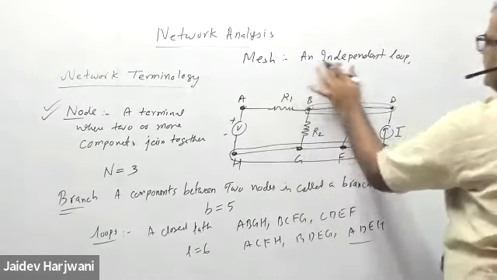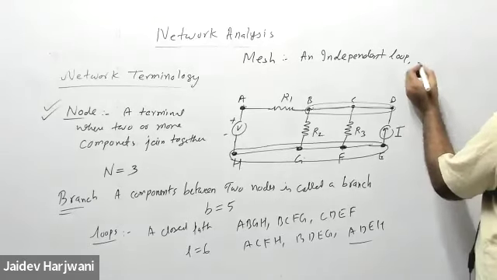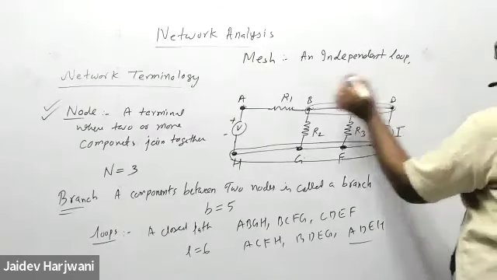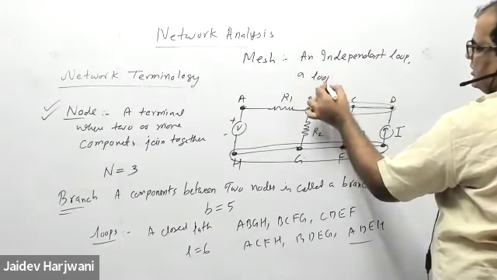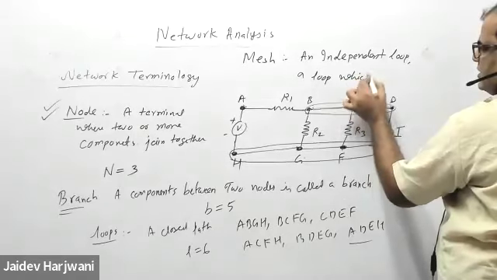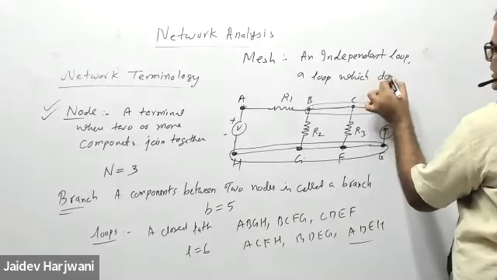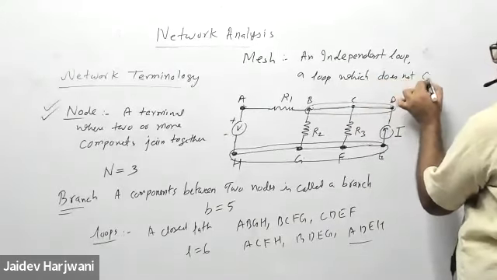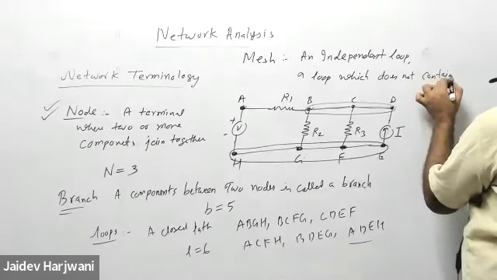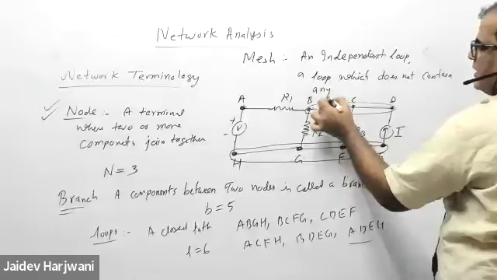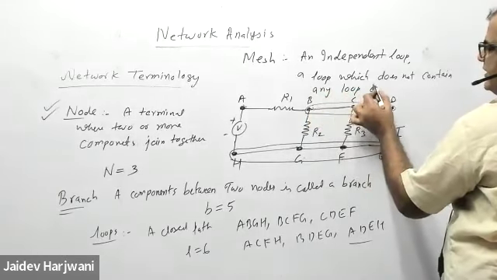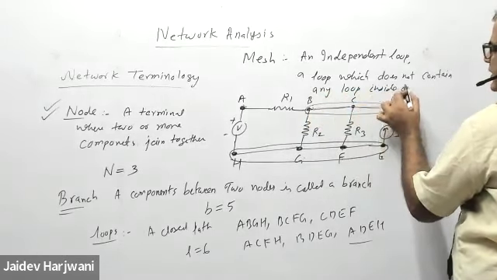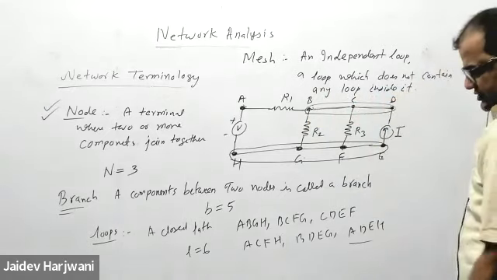Independent loop means a loop which does not contain any loop inside it is called a mesh.